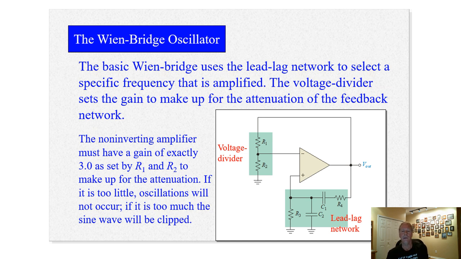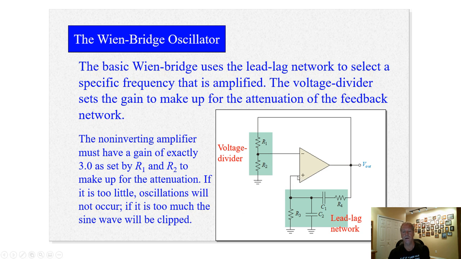So we can use that to our advantage and hook it up into a feedback oscillator like this, with an op amp. So this is a Wien bridge lead-lag circuit oscillator. And we feed back, this is a voltage divider, so it gives us a gain of exactly 3 through this circuit. And it's a non-inverting circuit.